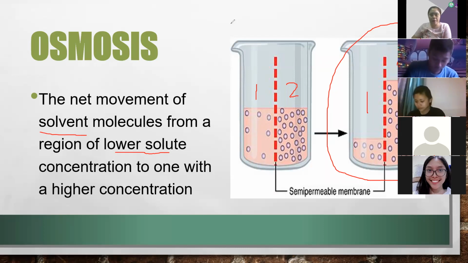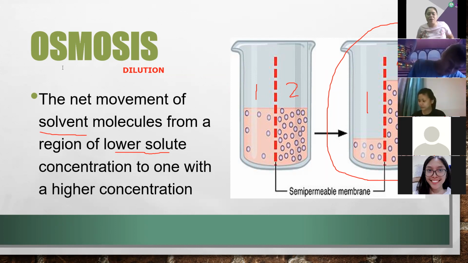Kasi our purpose or our goal for osmosis is dilution. Okay? Again, that is our goal for our osmosis, dilution. We are going to dilute the solute. Again, the movement of that is called osmosis.